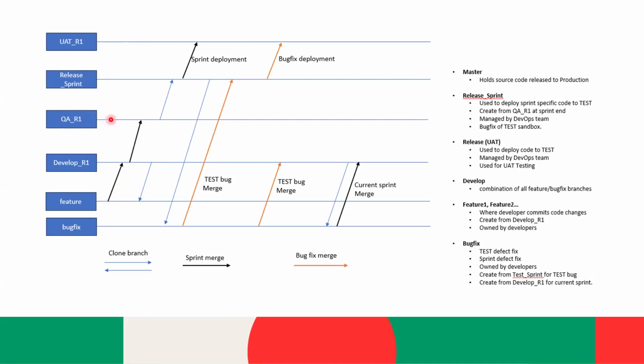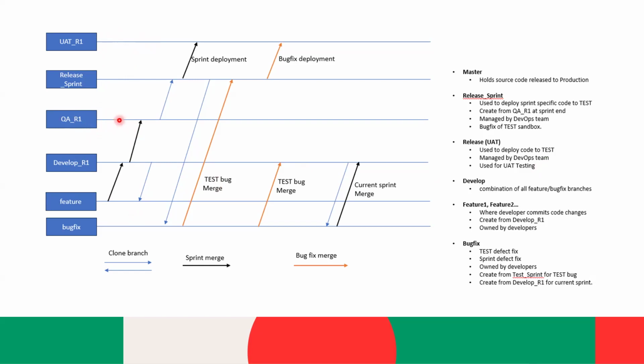You don't want sprint 2 code deployed in UAT because usually it will be n-1, or maybe within a week there will be some UAT deployment, because you first want the latest code to be tested in your QA branch only. Once it has passed, then based on the timeline, you do the deployment to UAT. That's why I provided the concept that once a sprint is completed, only then we do the UAT deployment. It's one deployment per sprint for UAT.